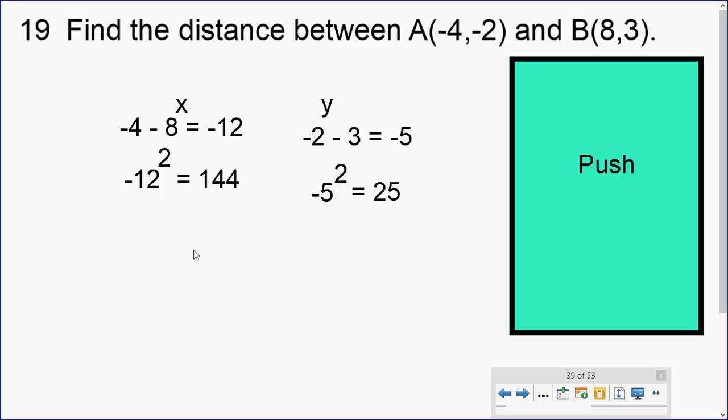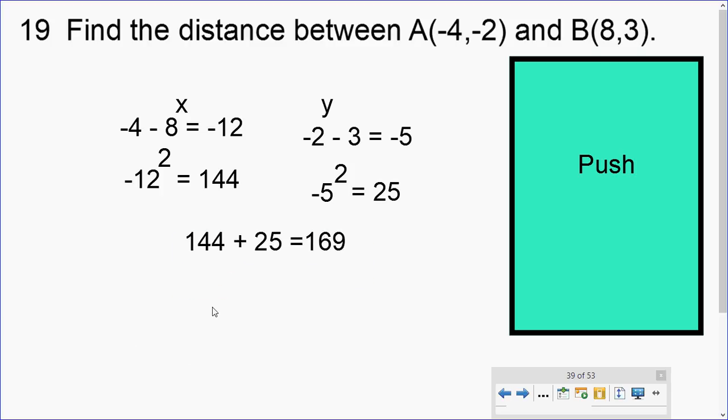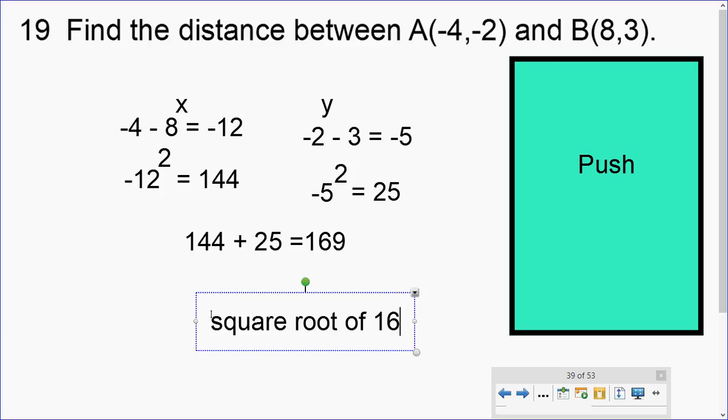Then we have to take 144, add that to 25, and that will equal 169. And then finally we would take the square root of 169, and that equals 13.